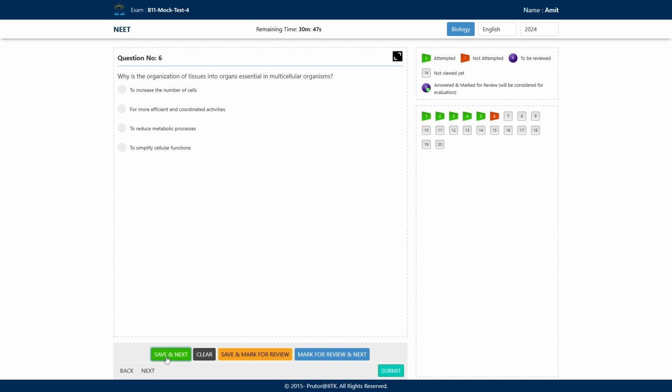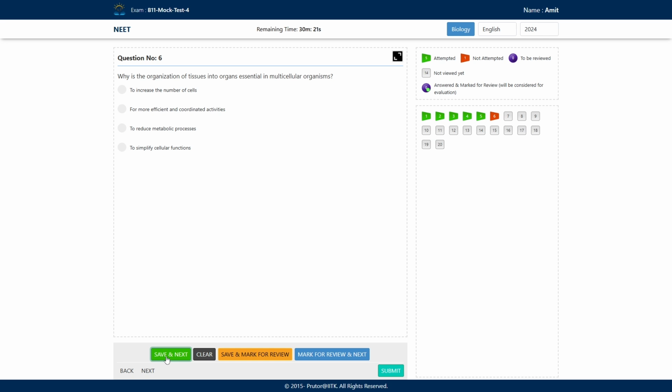As the organism becomes multicellular, there is the formation of tissue, then the formation of organ, then organ system as the organism becomes more and more complex, right? So that increases the efficiency as well as the coordinated activities in the body, right? So B option is correct.